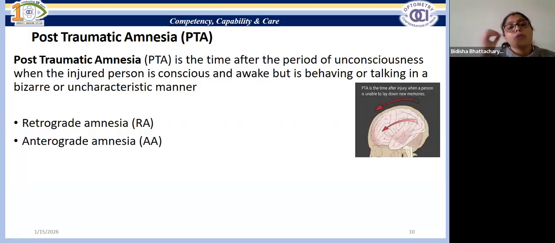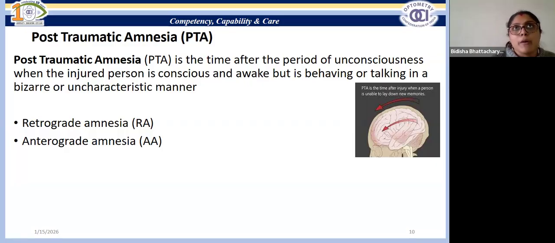And we have found there are two types of post-traumatic amnesia: retrograde amnesia and anterograde amnesia. So let's discuss that. The first, retrograde amnesia, is an inability to access memories or information from before an injury or disease occurred. Whatever happened prior to that accident, they totally forget about it.